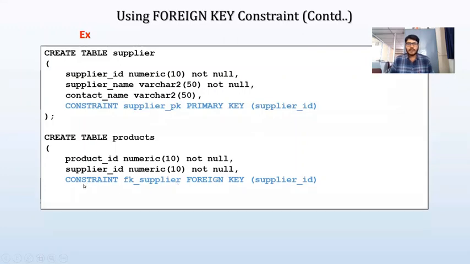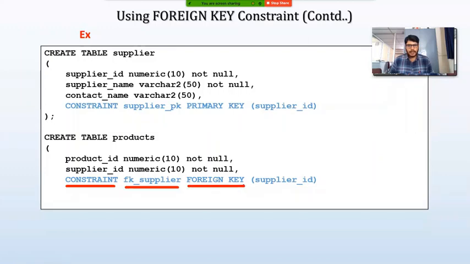As usual, while providing a table level constraint, we have to use the constraint keyword here. As I'm using the constraint keyword, I'm going to specify a name for the constraint, and we have to use the foreign key keywords, and here within a parenthesis I need to mention the name of the column which I want to define as a foreign key.